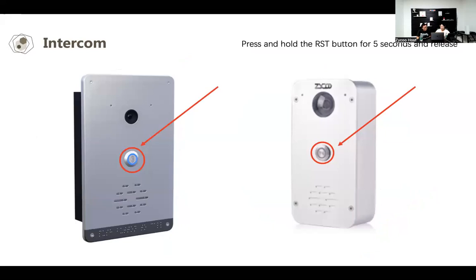Pretty much the same as the intercoms, but the intercoms use the front buttons, and instead of 3 seconds, we need to press and hold for 5 seconds and release. In terms of the EIV05, that model has 2 buttons, so you need to choose the middle one, not the first one. Press and hold the middle button for 5 seconds.